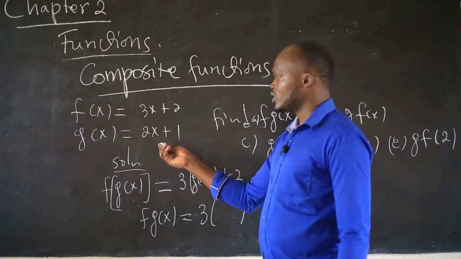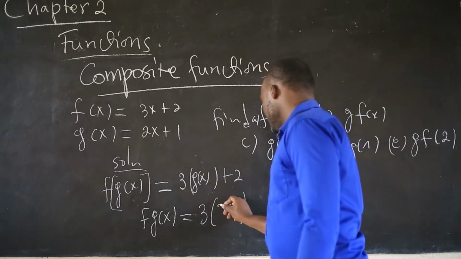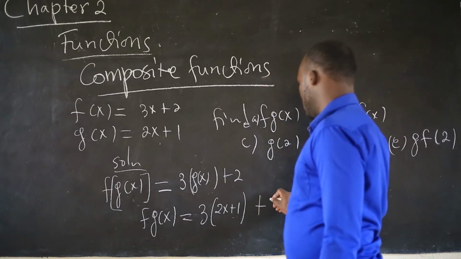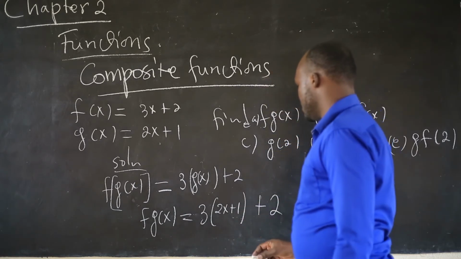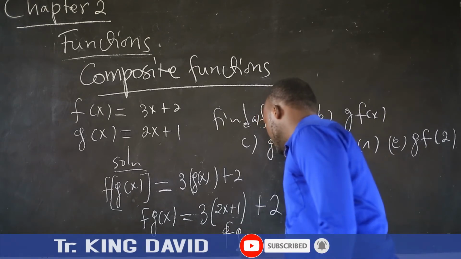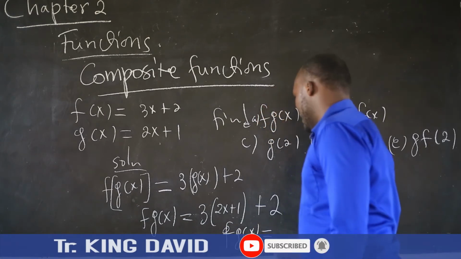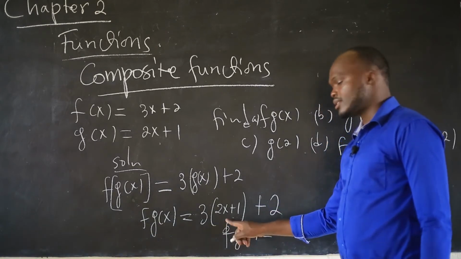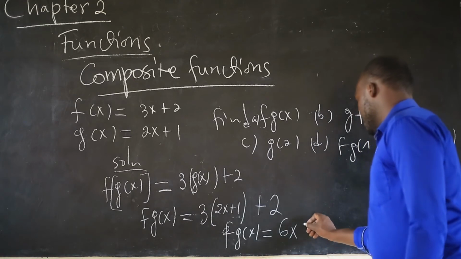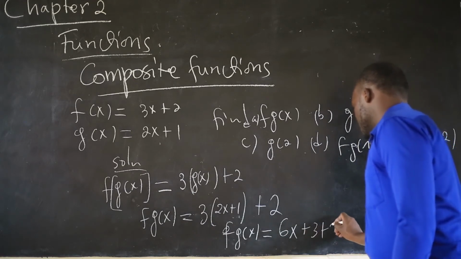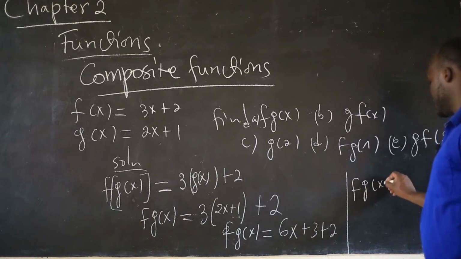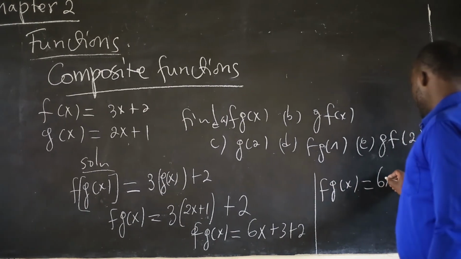What is g of x? 2x plus 1. Then plus 2. So which means that fg of x, the answer is 3 times 2x, 6x. 3 times 1, that is 3, plus 2. Implies that fg of x equal to 6x plus 5.